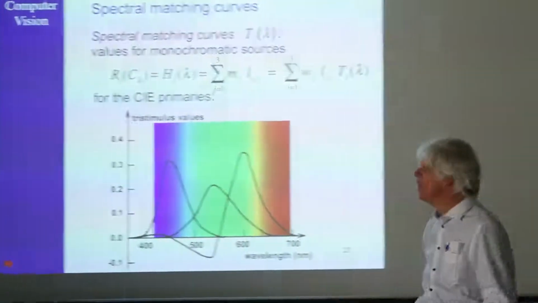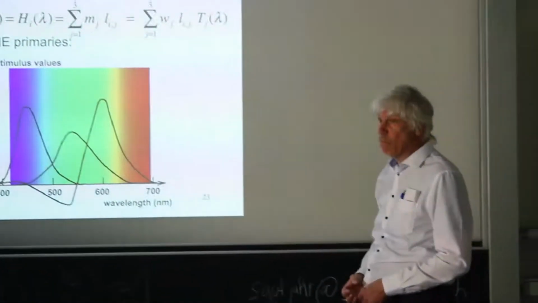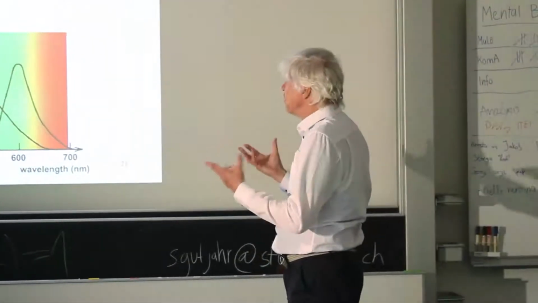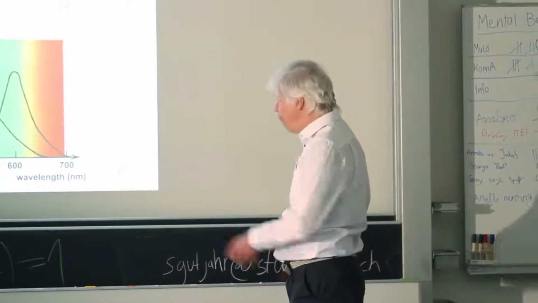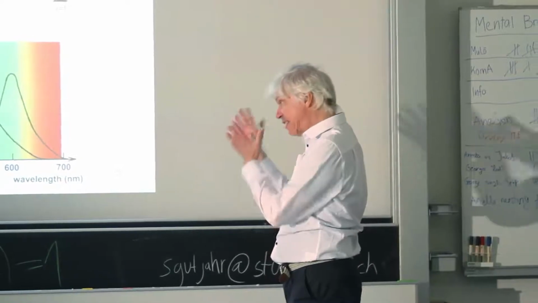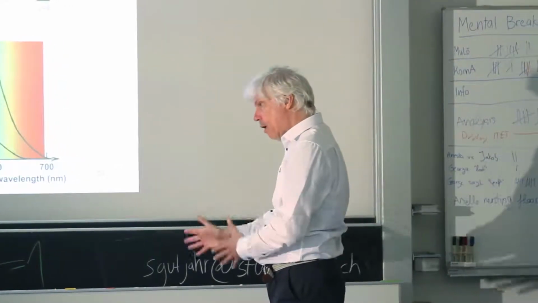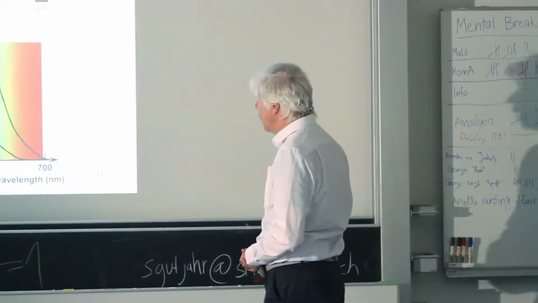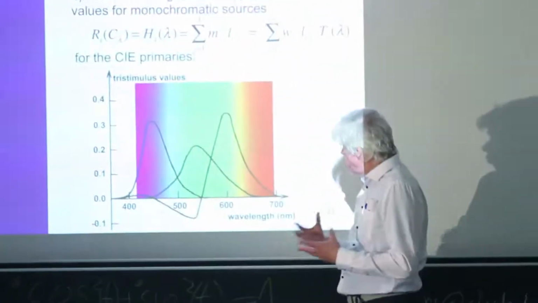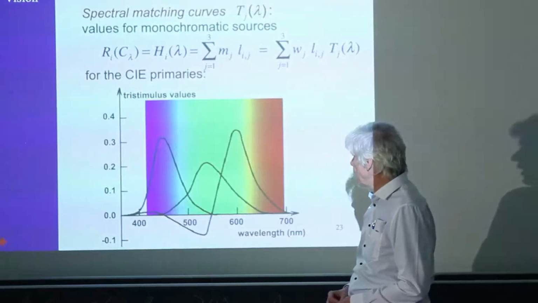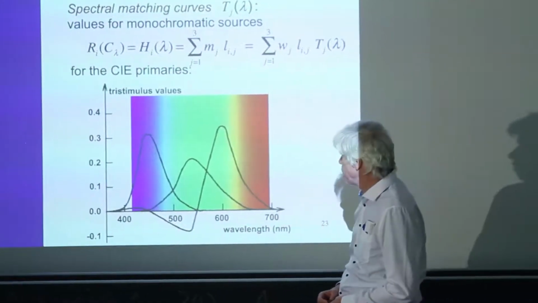These are the three numbers M, or the three stimulus values, you have to take in order to get the same impression as that monochromatic source. And we see for different wavelengths, indeed, we have to choose quite different amounts for the three CIE primaries.